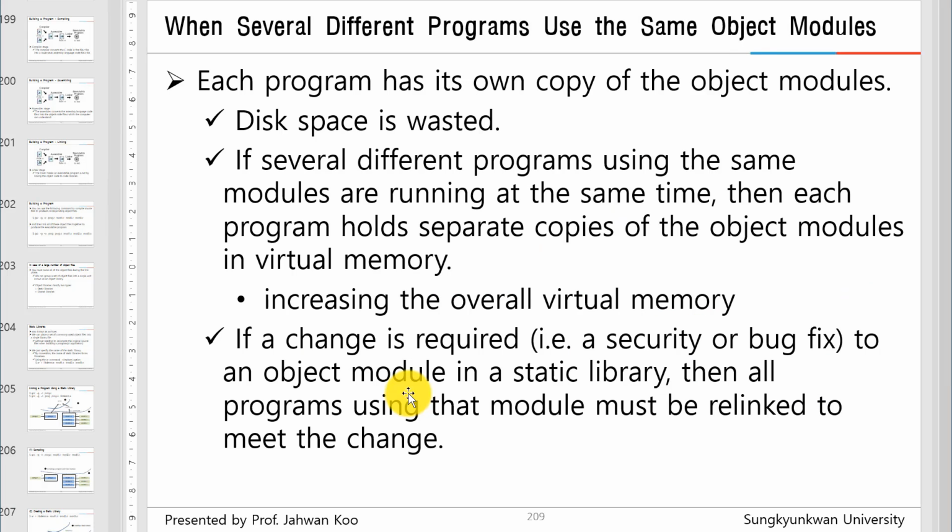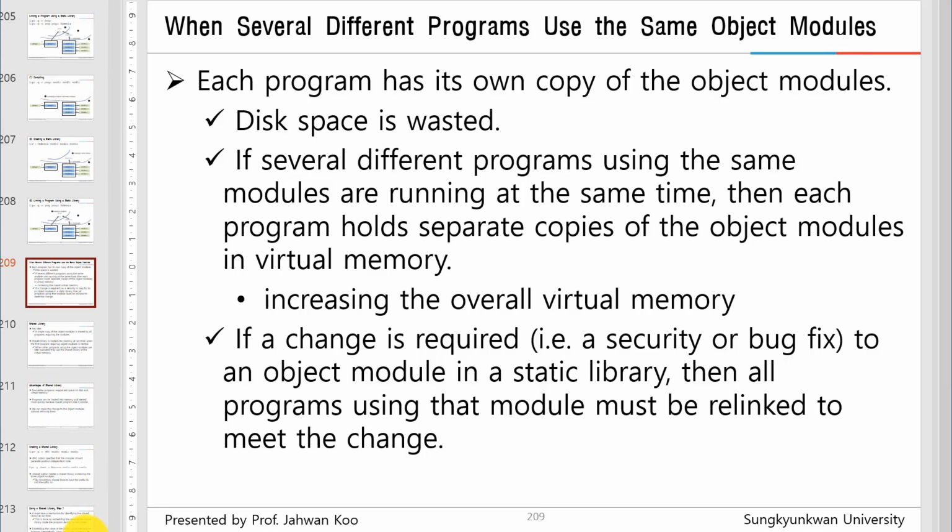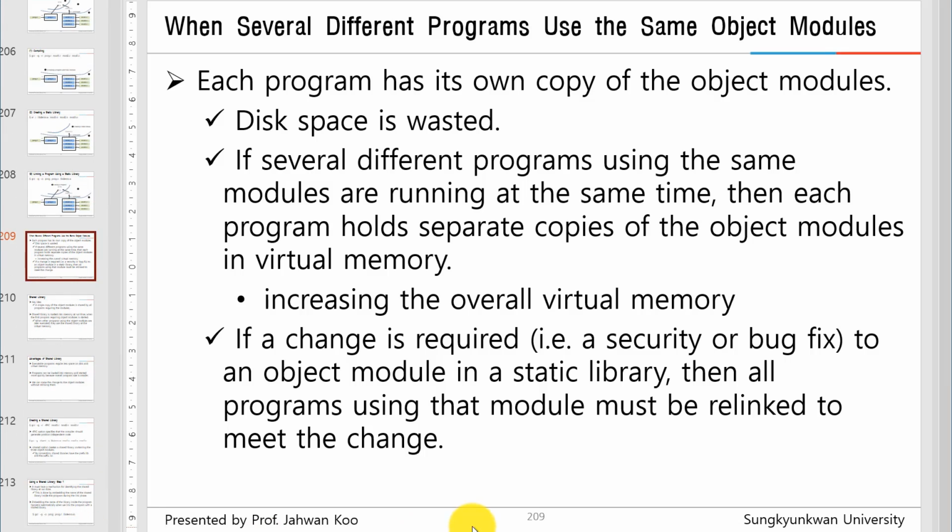Perhaps several different programs would use these modules because they are very common, very useful things. However, each program has its own copy of these object modules. This makes redundancies.